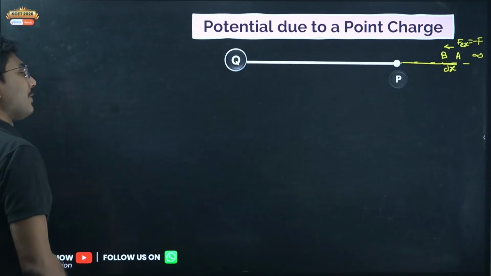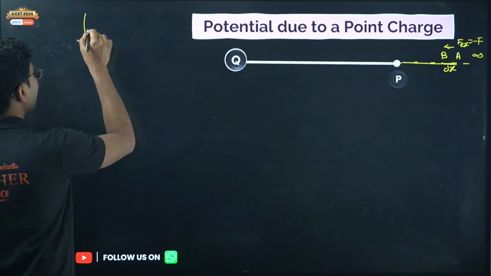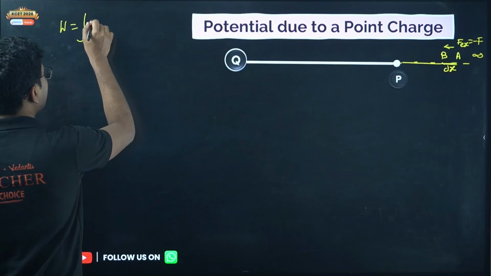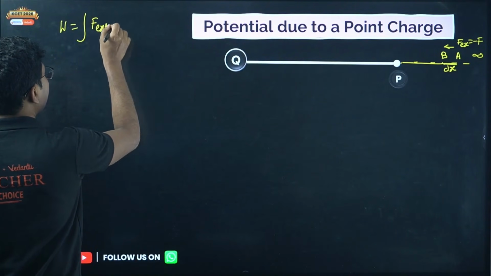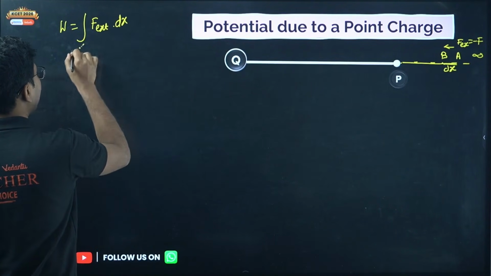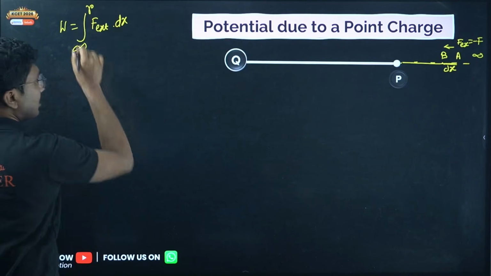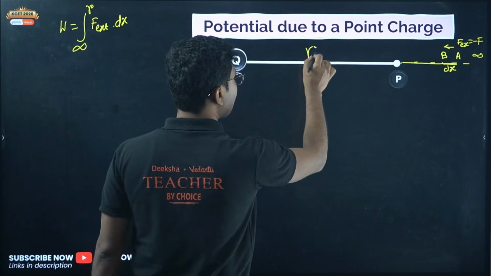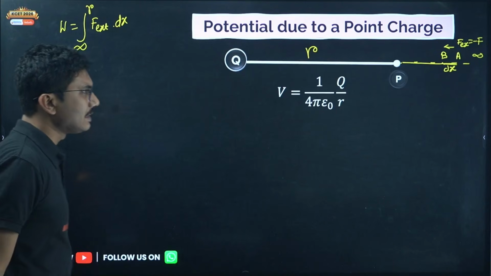From there you do the integration. The work done is the external force times dx, integrated from infinity to distance r, where r is the distance of this point P. If you do it, you will get this equation.